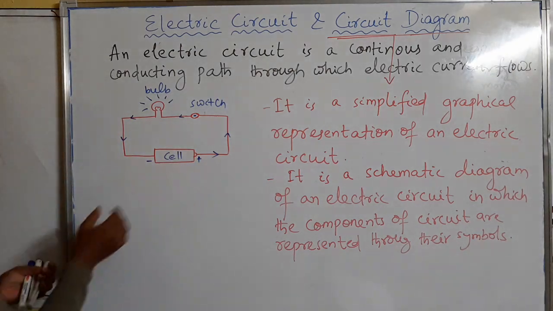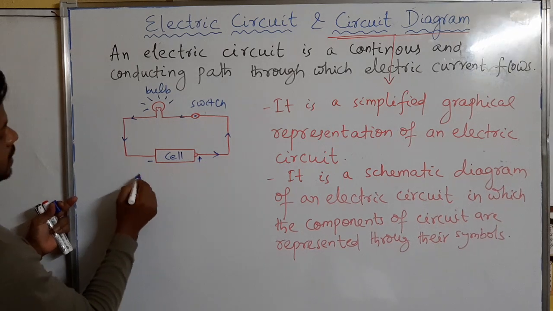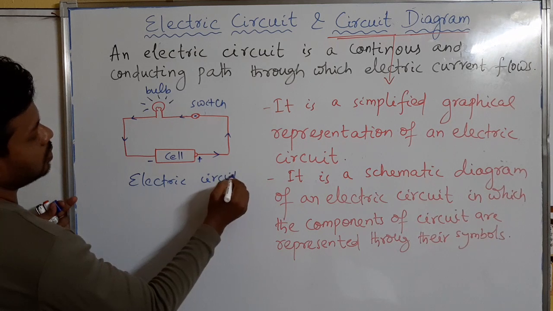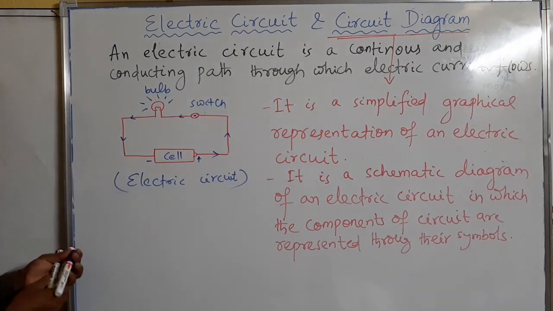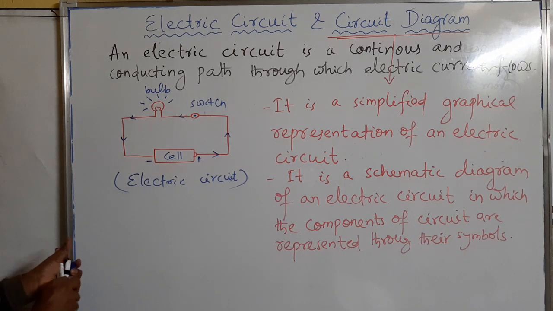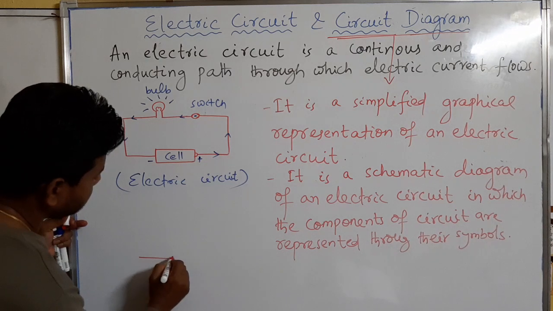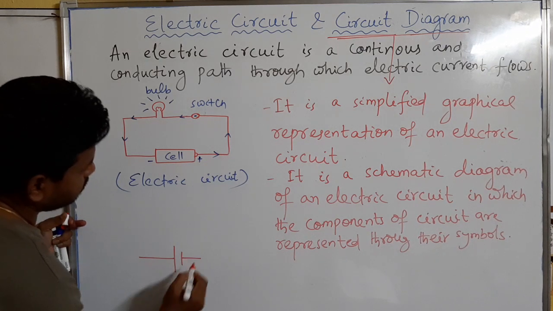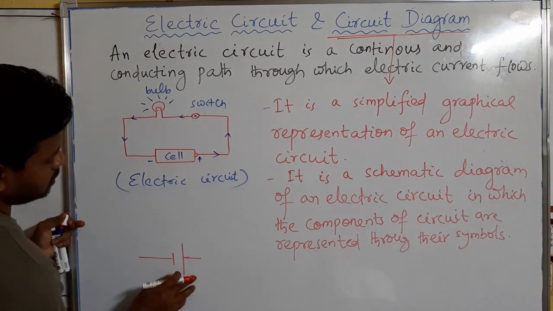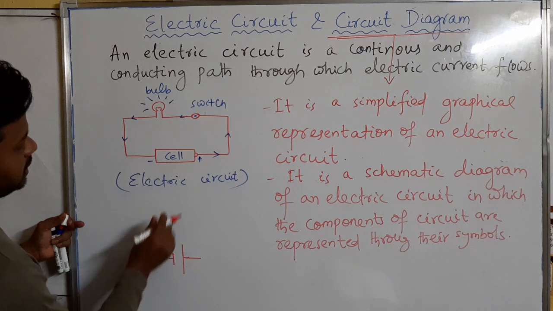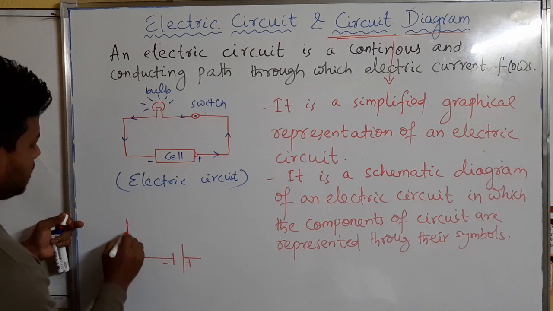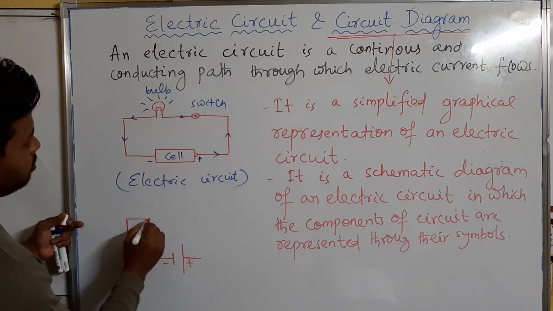For example, this is the electric circuit. Whereas if I make the circuit diagram of it, then it will be like this. This is representing the cell, this is the positive end, negative end. Then it is connected with the bulb.